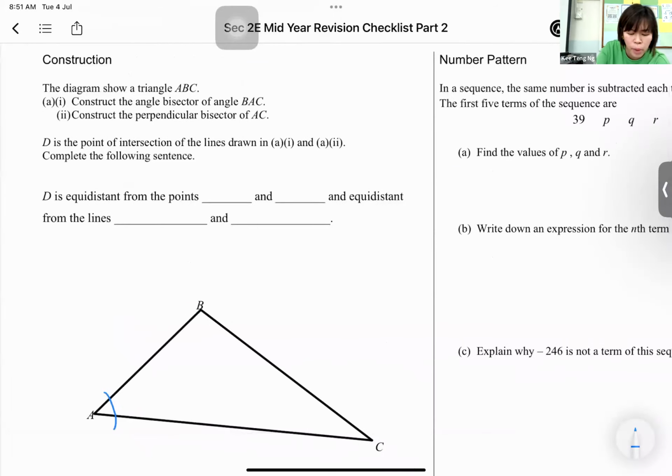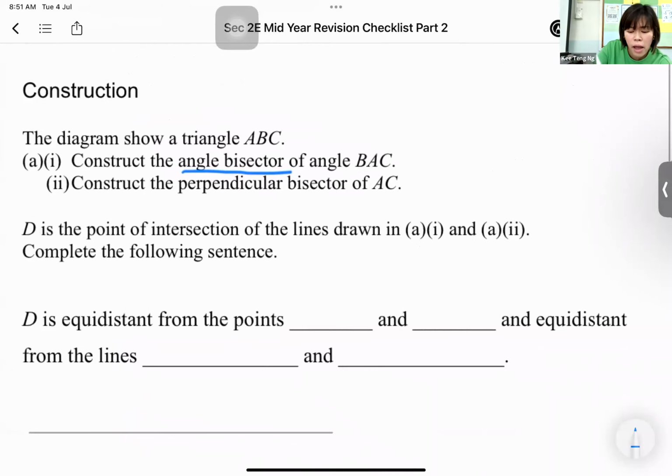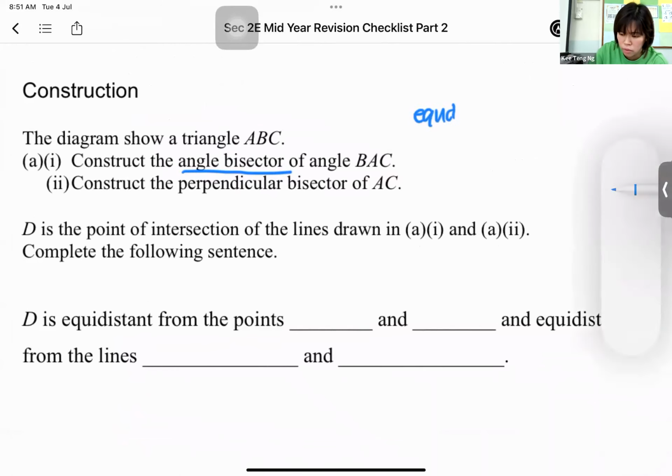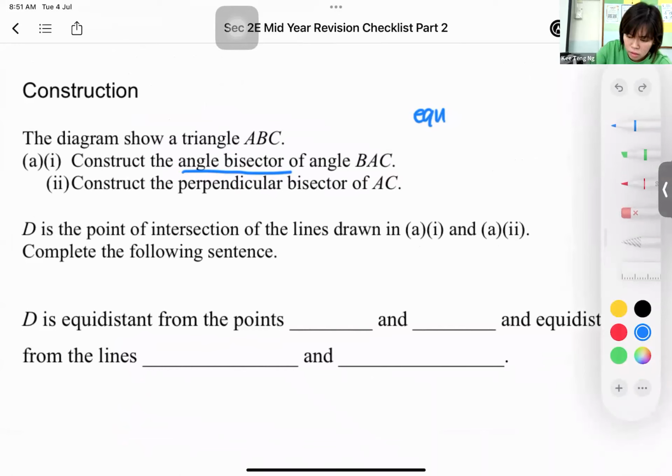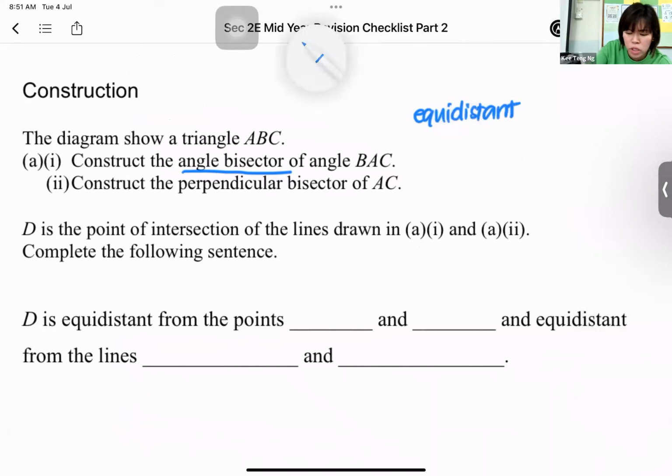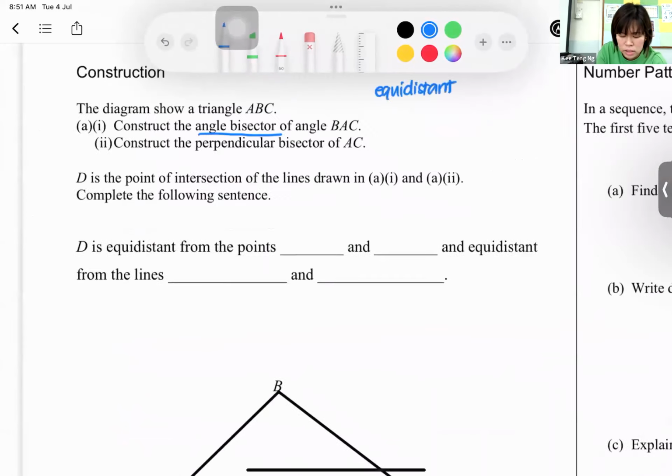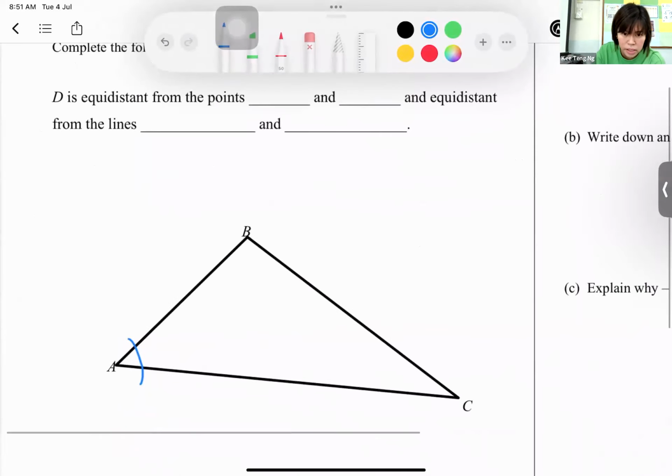Okay, but when I have an angle bisector, I must remember angle bisector means equal in distance, or equidistant, sorry, between two lines. Where is this angle BAC? BAC is over here. It's in between which two lines?